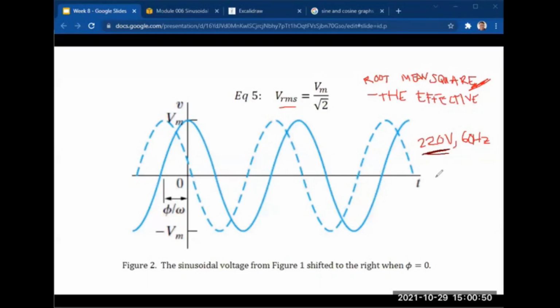What do you think? If you're thinking that that is the maximum voltage, you are wrong. This is the RMS of our household electrical power. So 220 volts is the effective voltage that is being utilized by our appliances.